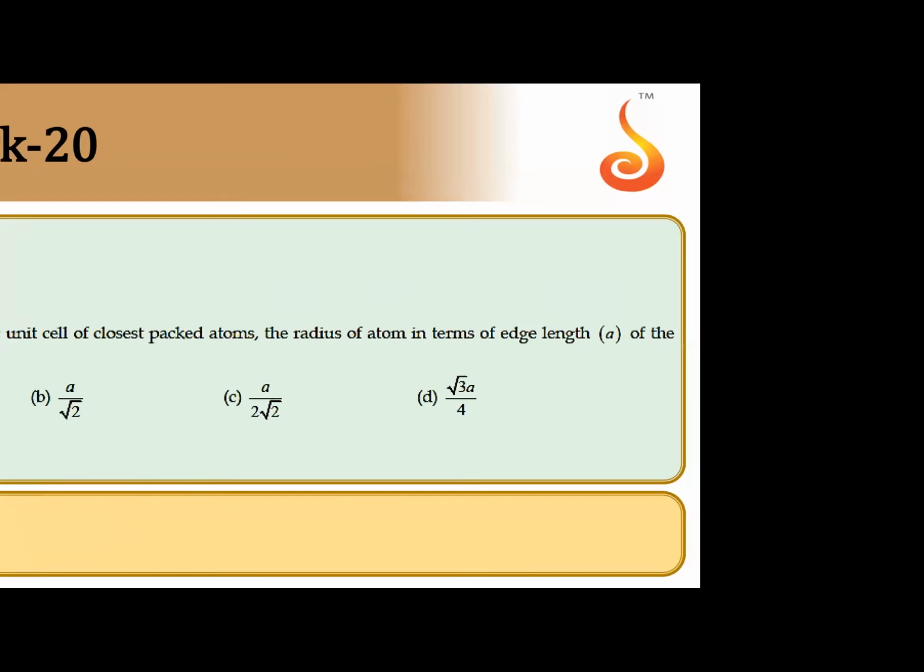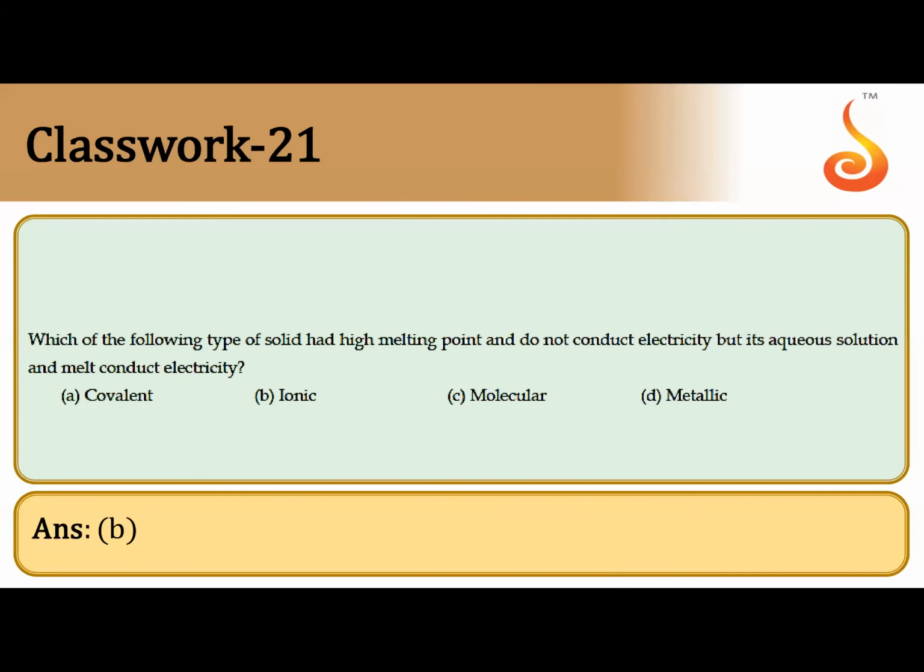Question number 21. Which of the following type of solid has high melting point and does not conduct electricity, but in the aqueous solution it can conduct electricity? So very simple, it is ionic crystal. In ionic crystal, the ions are static in the solid state.